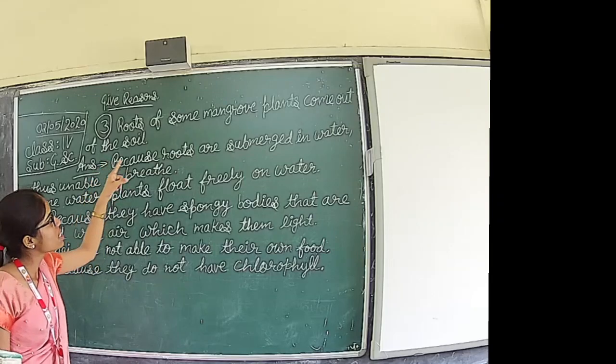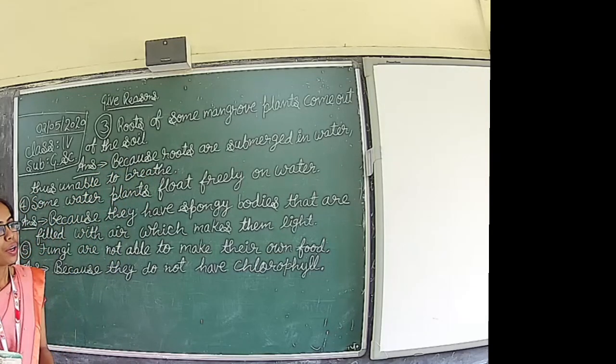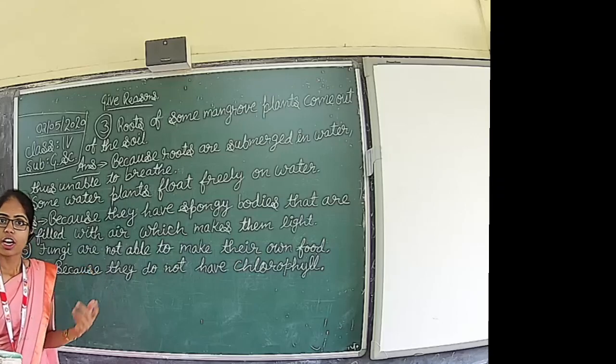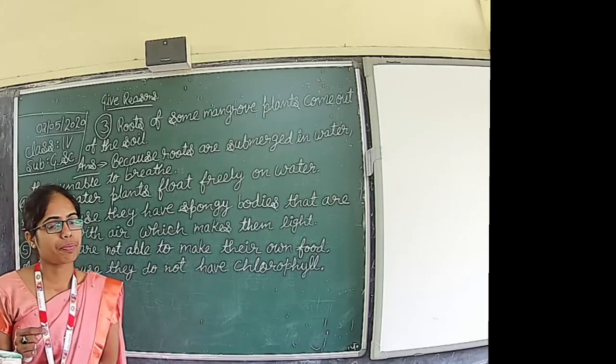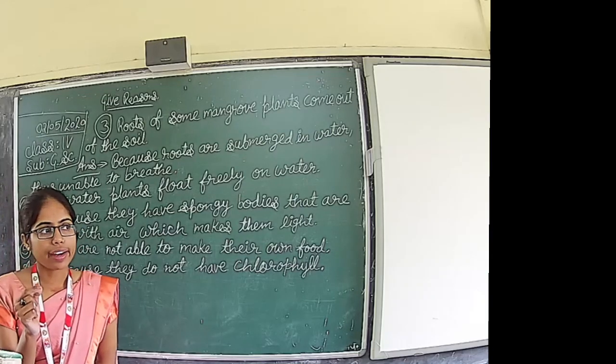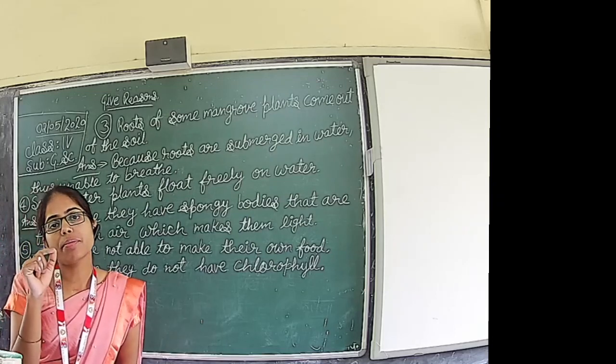Roots of some mangrove plants come out of the soil. What is the reason for that? We have to discuss this today and write the answer. We know that these mangrove plants are found in the marshy area.